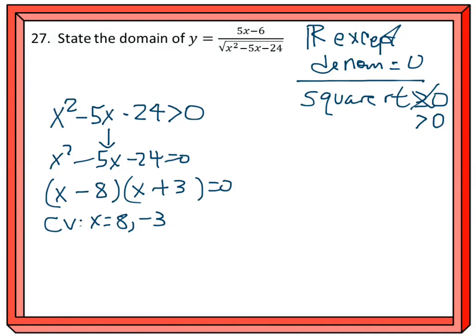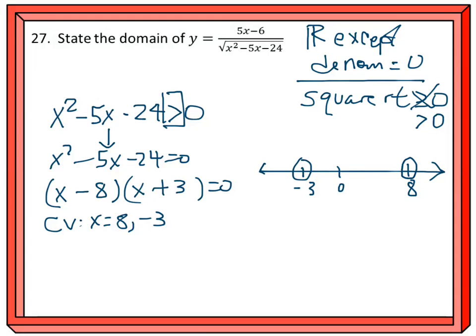So let's go ahead and put those things on a number line. There's 0, let's say this is 8, and a negative 3. Okay, so first of all, do this 8 and negative 3 get open circles or closed circles? Well, since the original inequality sign was just simply greater than, I need open circles.